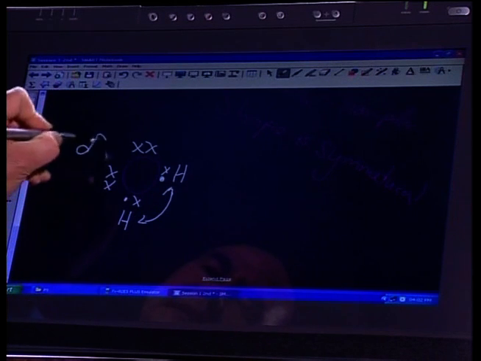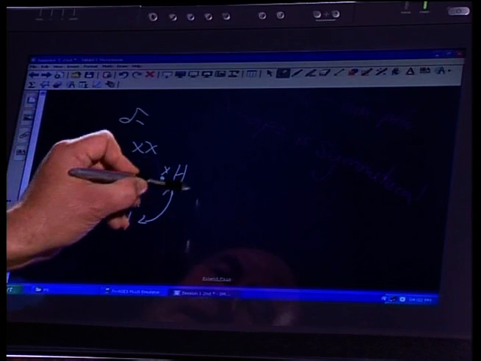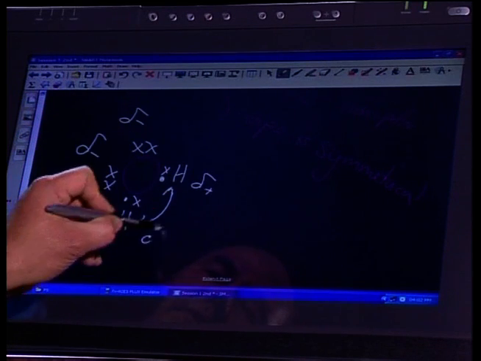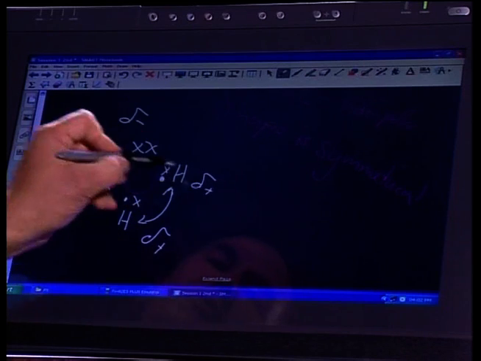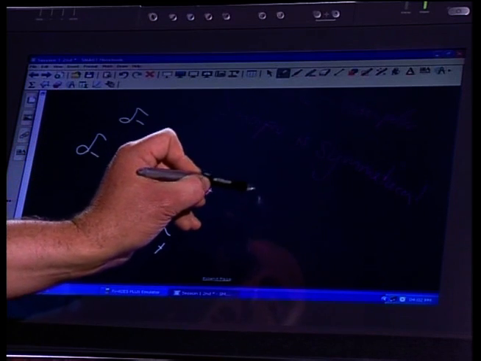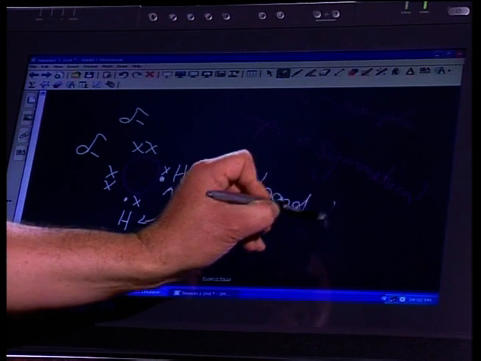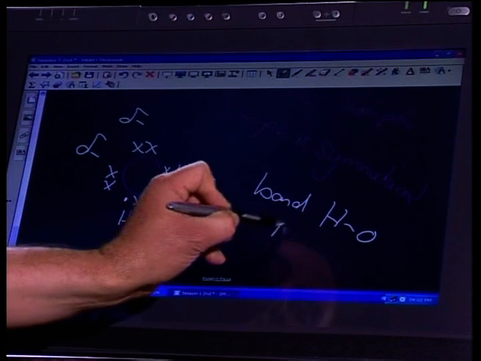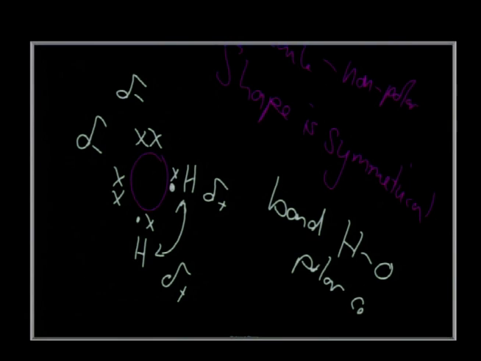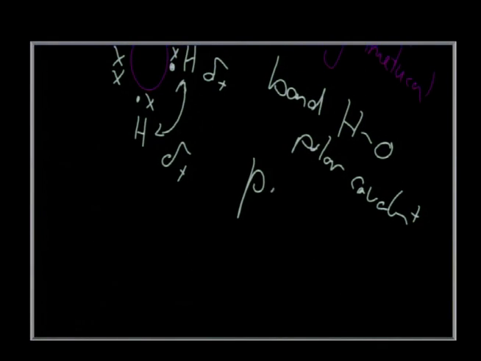That end is delta negative, and this end is delta positive. So the bond between hydrogen and oxygen is polar covalent, and the molecule overall is also a polar molecule. It is a dipole, polar molecule.